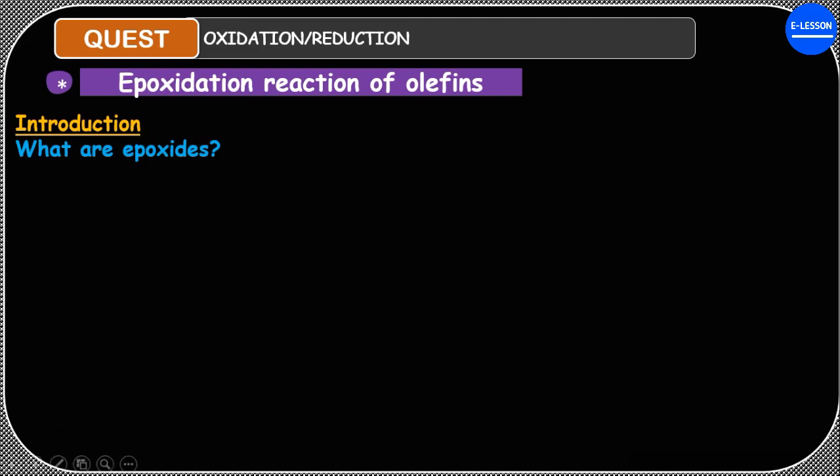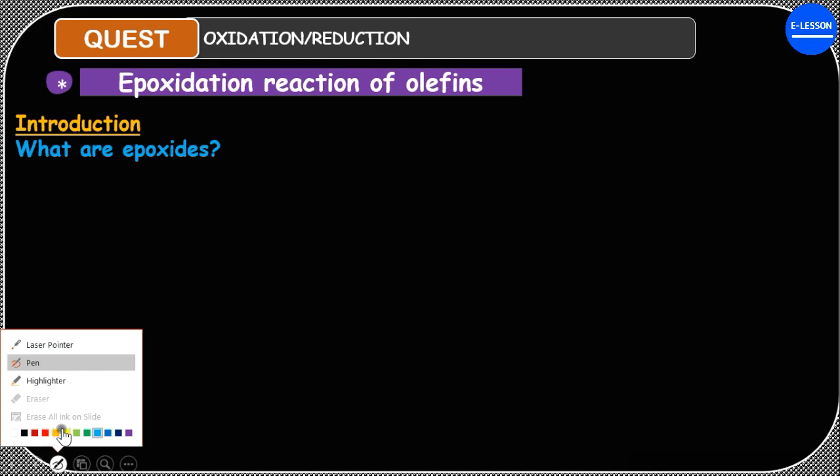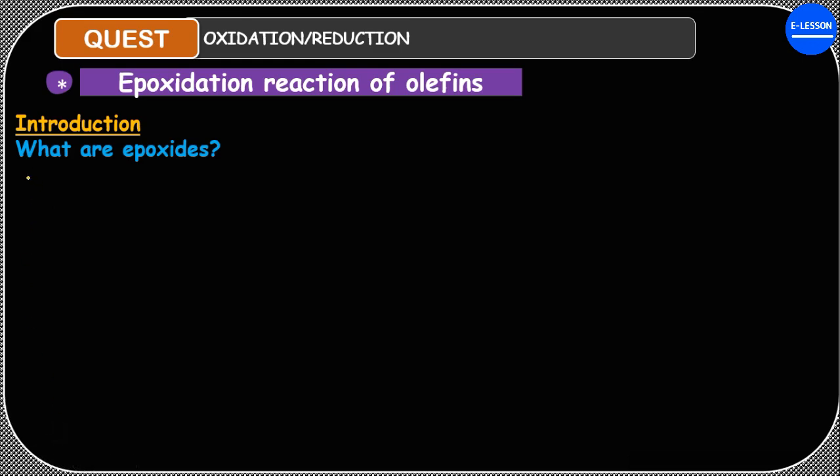Now, what are epoxides? That's the first question you ask yourself. As the name implies, epoxides are cyclic ethers.